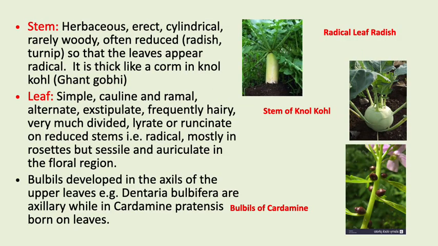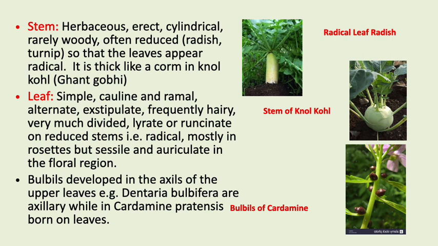Stem is herbaceous, erect, cylindrical, rarely woody, often reduced, for example radish and turnip, so that the leaves appear radical. It is thick like a knob in knol-khol.